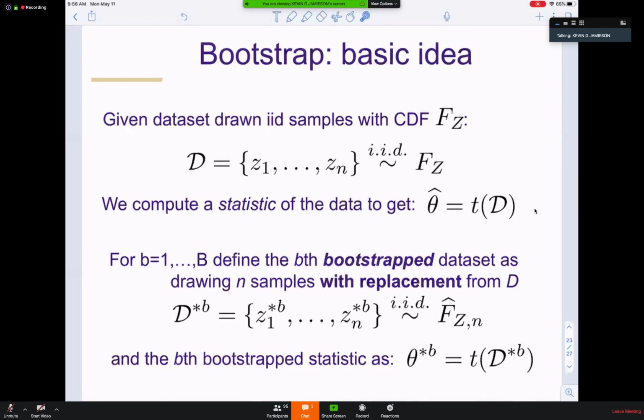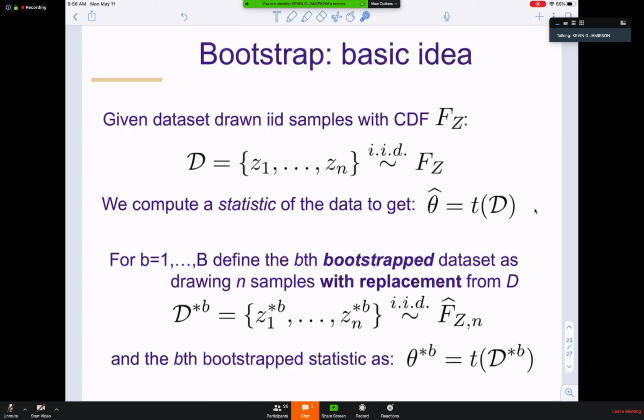The non-parametric Bootstrap, for little b equals 1 to big B, takes the b-th Bootstrap data set by taking n samples with replacement from your empirical data set.